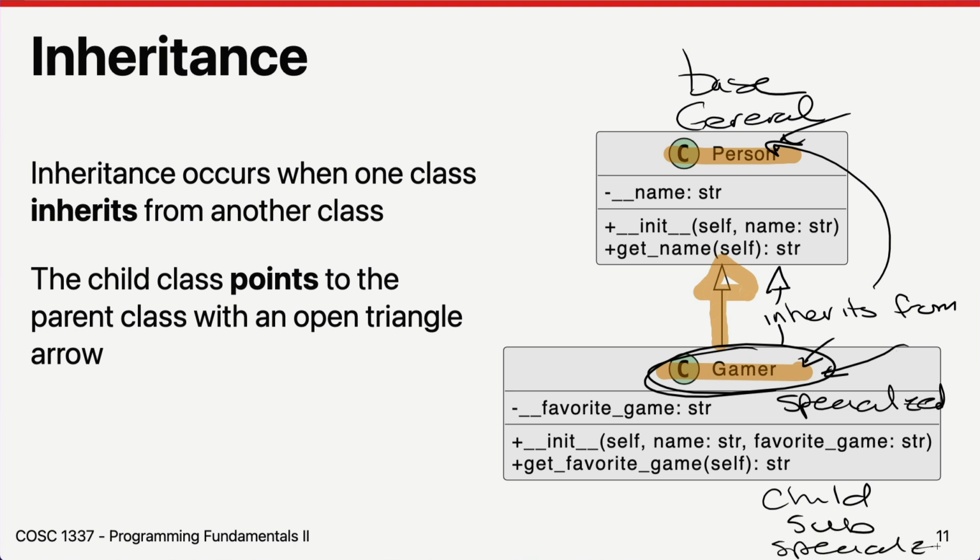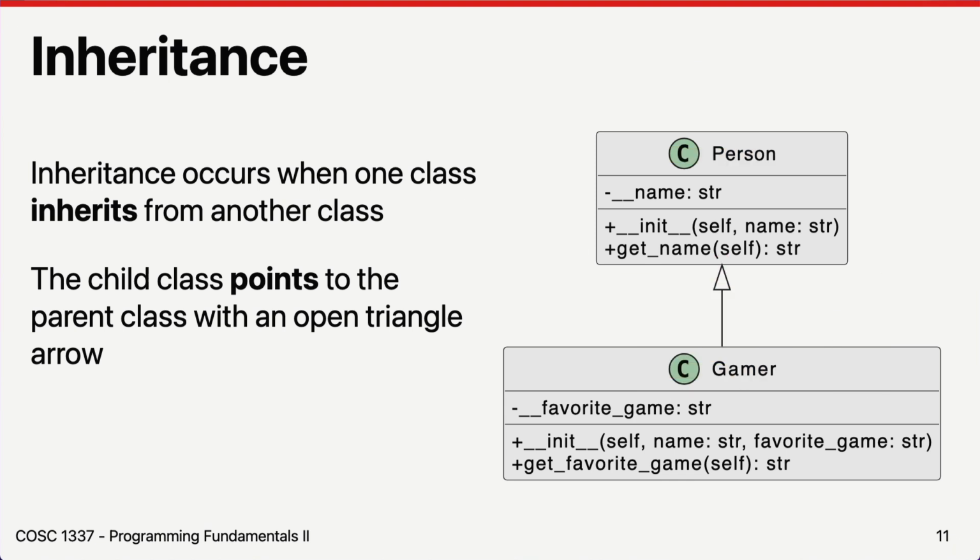Remember, there's a whole bunch of different words for this. And up here, this could also be called the parent class, okay? So gamer inherits from person. The arrow points from the subclass to the base class, and it has an open arrow like that. If you do a Google search or an image search online for UML images, you'll see one class inheriting from another class like this. It doesn't always go up.